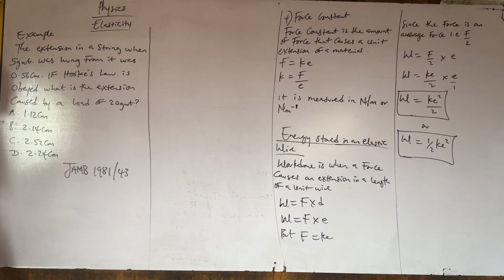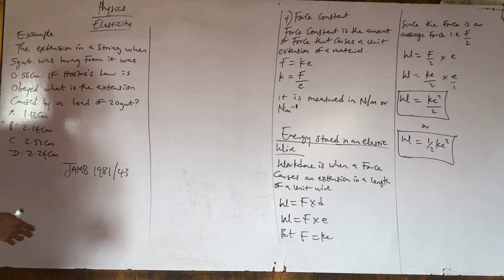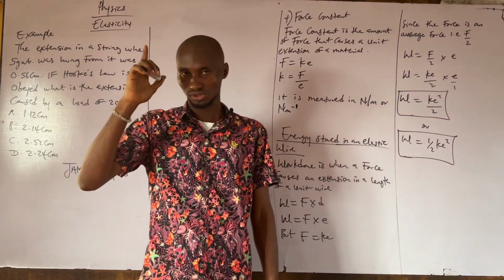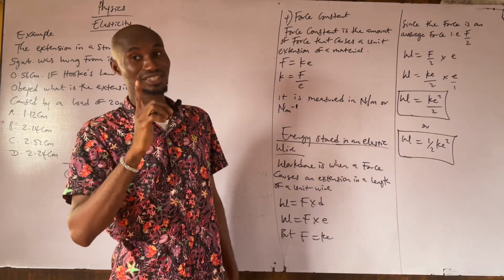If Hooke's law is obeyed, what is the extension caused by a load of 20 gram weight? Option A, 1.12 cm. Option B, 2.14 cm. Option C, 2.52 cm. Option D, 2.24 cm. JAMB 1981. I want you to understand that whenever you hear load in elasticity, it also implies force. Do you understand now?